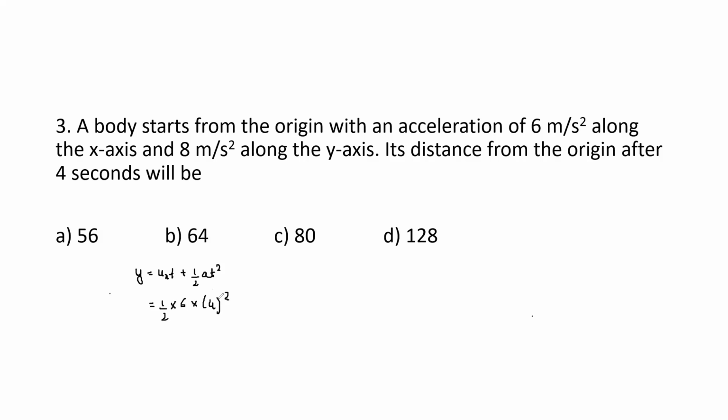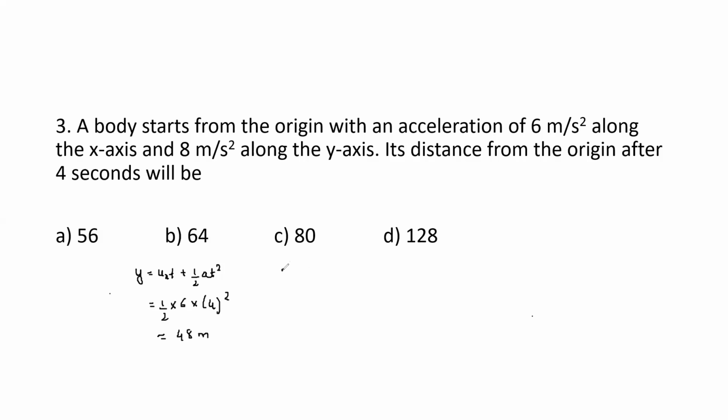Since it starts from rest, the initial velocity will be 0. So substitute all the values here. After substituting, 1 by 2 into 6 is 3, into 4 square, so 3 into 16 is 48 meters. This calculation is along the x-axis.